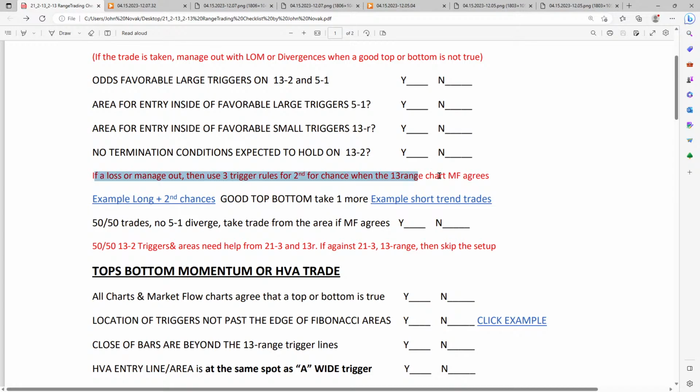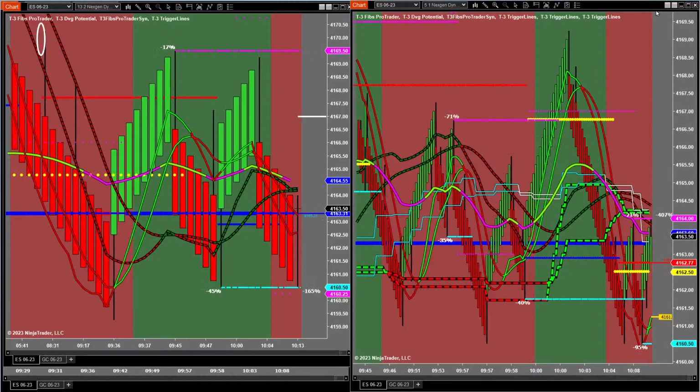And which basically means take them if the 13 range chart helps. And the thing about a 13 range help is the entry inside of favorable small triggers on the 13 range, then I'm going to do a 5-1 trend trade. So it all goes together.